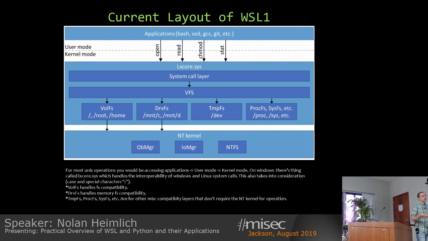Like the naming schemes, say for example special characters, those are handled by that program. And then DrvFs will be any memory changes, so that'll be handled by that. And then the others are just extras for NT kernel operations, so anything that doesn't have to do specifically with memory or file operations.